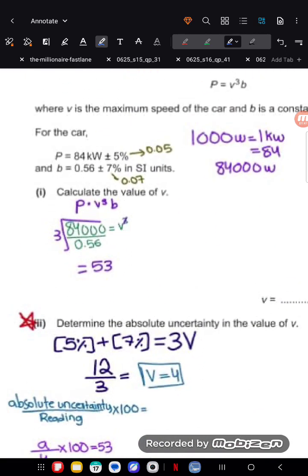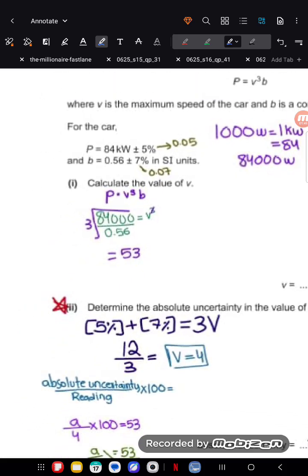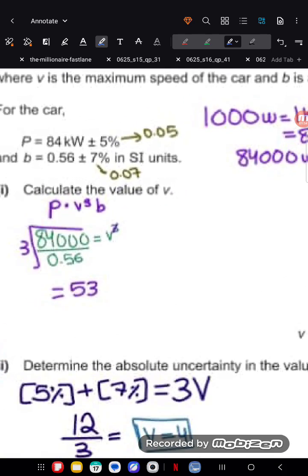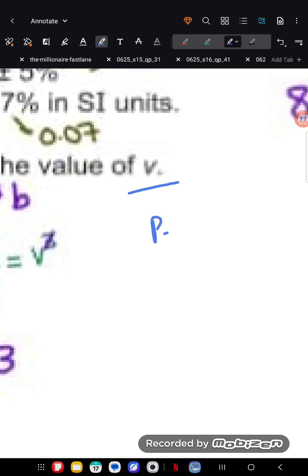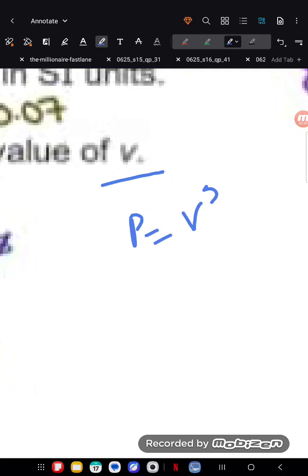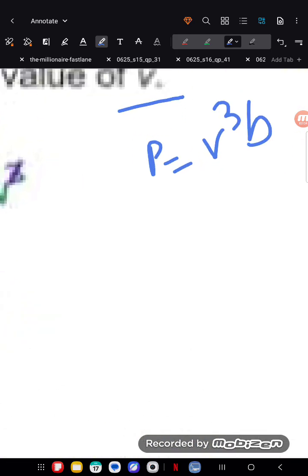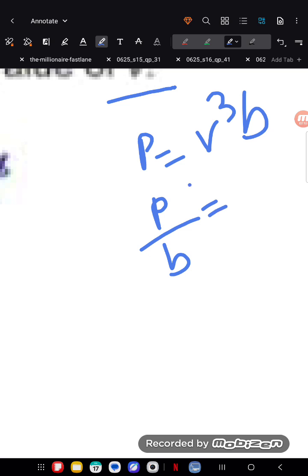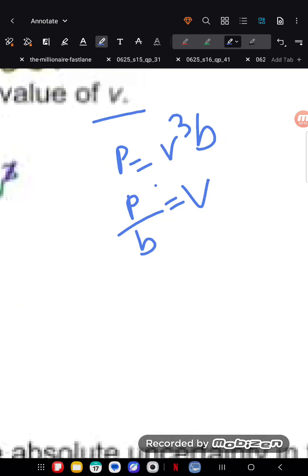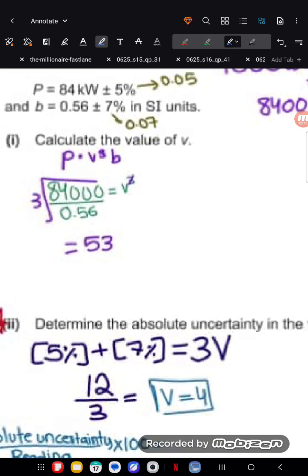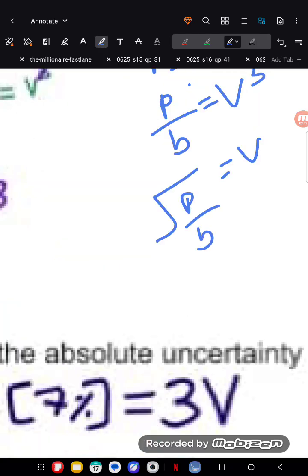See in this question, now you have to make V the subject. You know how to arrange it. Now you have to make V the subject, so V will be a cube root, like this.